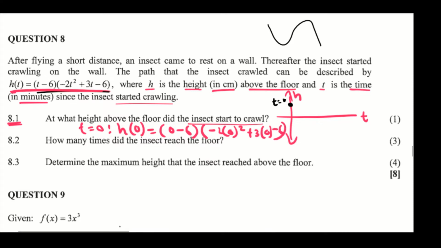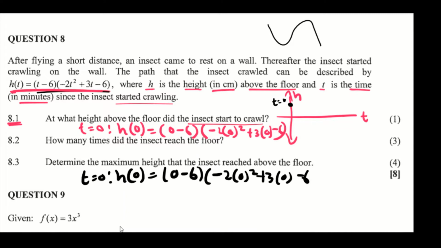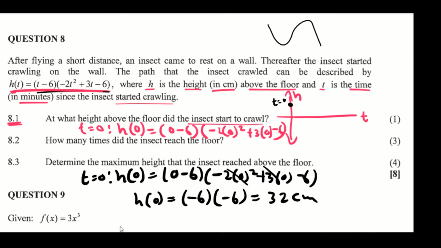So h of 0 is equal to 0 minus 6 and minus 2 into 0 squared plus 3 into 0 minus 6. This will be 0 and 0, so h of 0 is equal to minus 6 and minus 6, which will give you 32. So this is 32 centimeters.